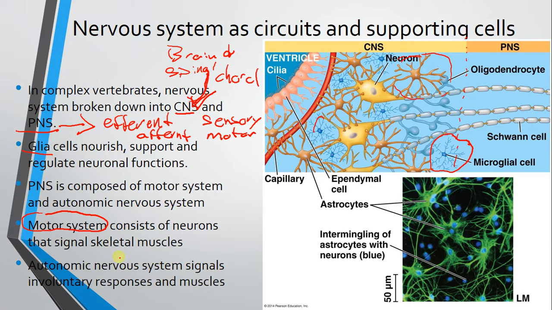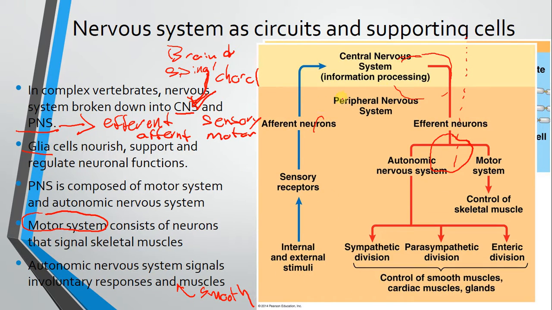And the autonomic nervous system signals involuntary responses and muscles, smooth muscles. So here is our central nervous system, and we have receptors that stimulate afferent neurons that send signals of us sensing internal or external stimuli to the central nervous system.